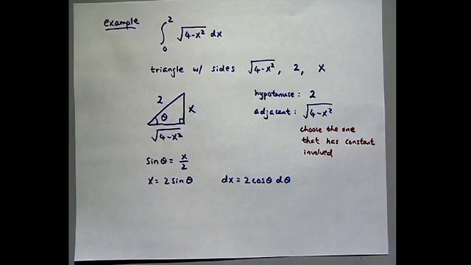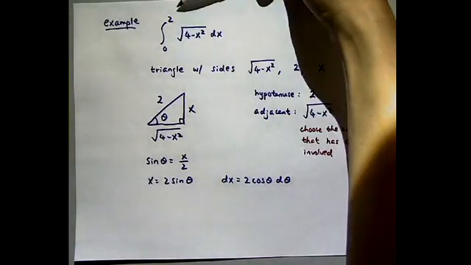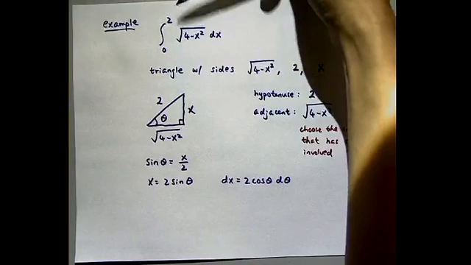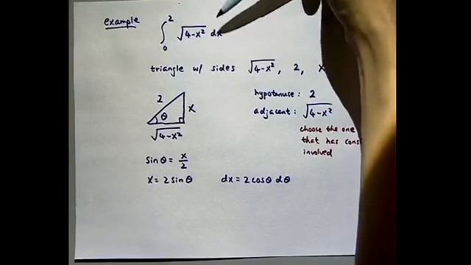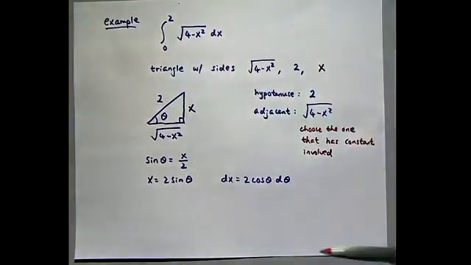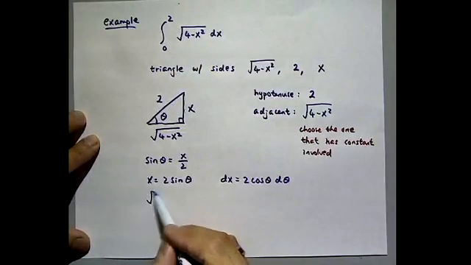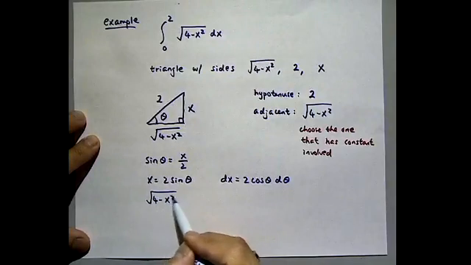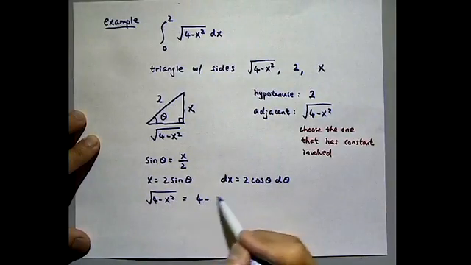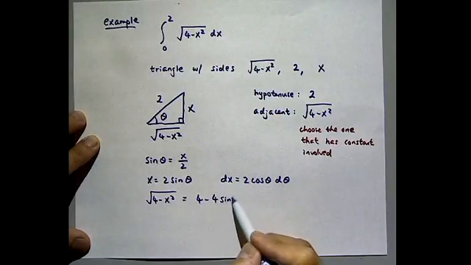We also want to take care of the integration limits. The integration limits used to refer to x. We're going to go into theta now, so they have to refer to theta. So actually, let's take care of this guy first, and then we'll do the limits.